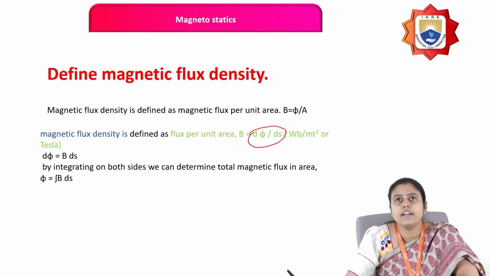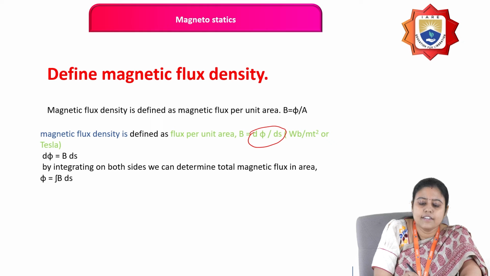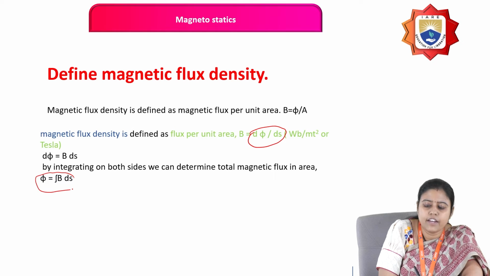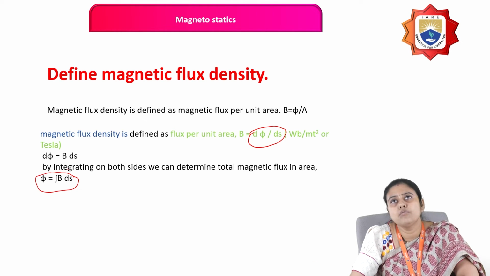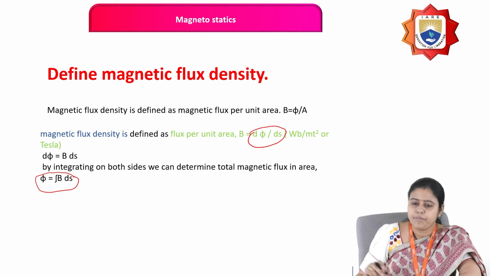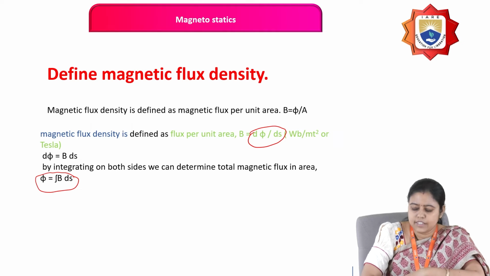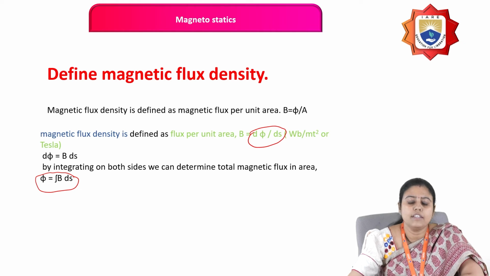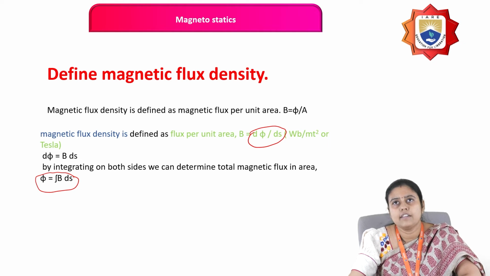So, what is d phi? D phi is nothing but B into ds. So, what is phi? Phi is the integration of B dot ds. The unit of the flux density is Weber per meter square, and we also call it the Tesla. Magnetic flux density is one of the important things in magnetostatic study. There are two definitions.